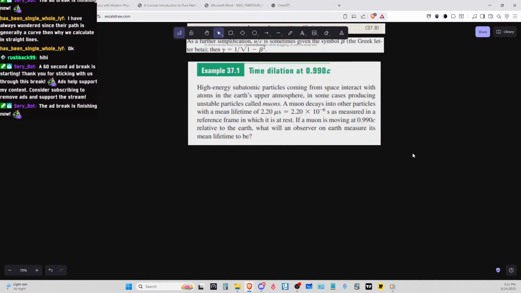As measured in a reference frame in which it is at rest. If a muon is moving at 0.990 c relative to the Earth, what will the observer on Earth measure its lifetime to be?